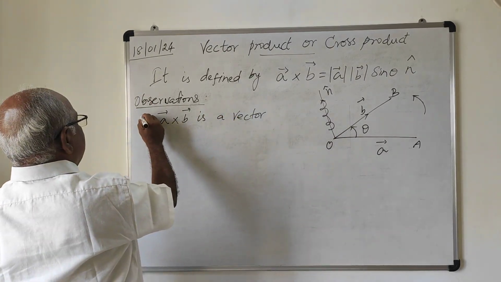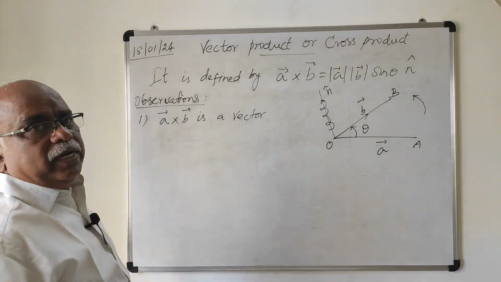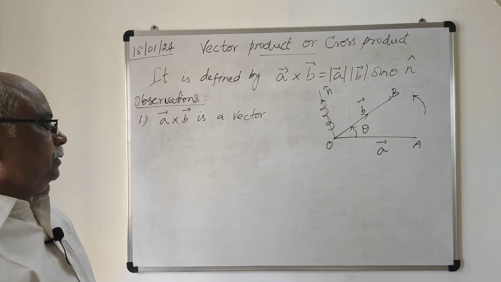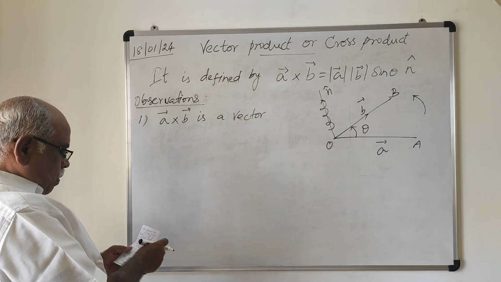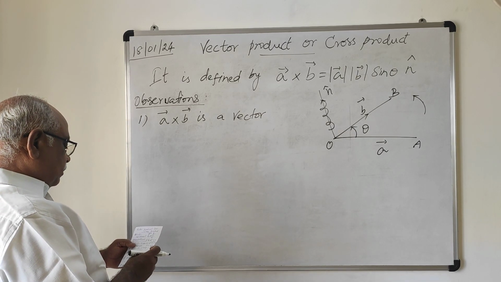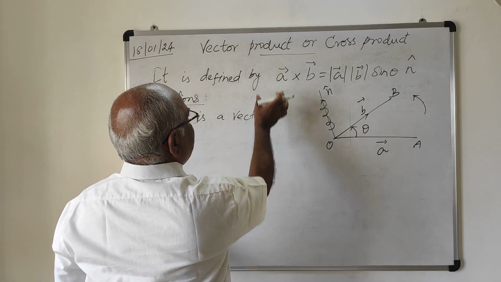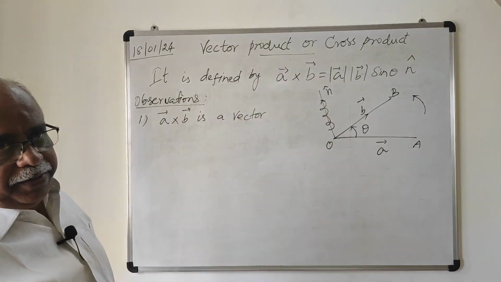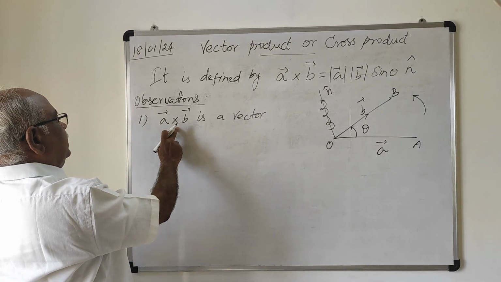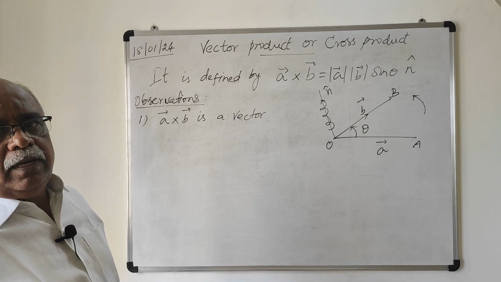It gives only a vector quantity. That's our observation. That's why it is called vector product. This A cross B gives you a vector quantity. That's why it is called vector product or cross product, and we use the cross symbol.